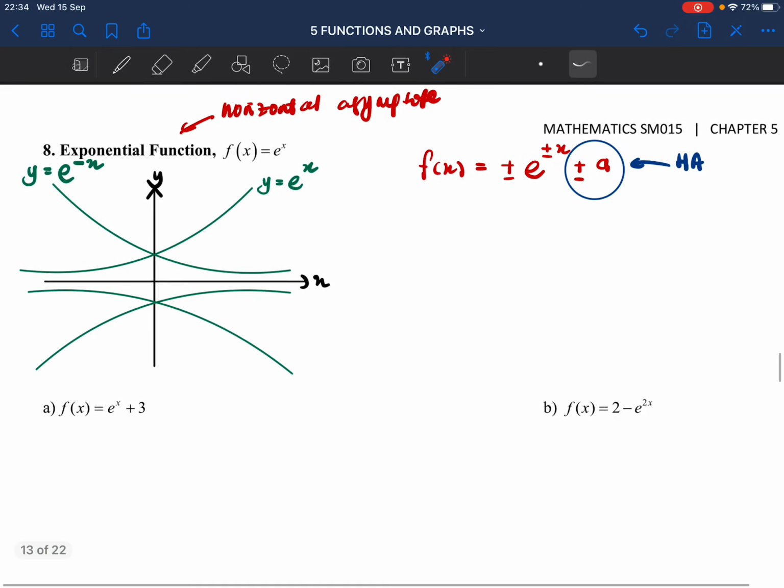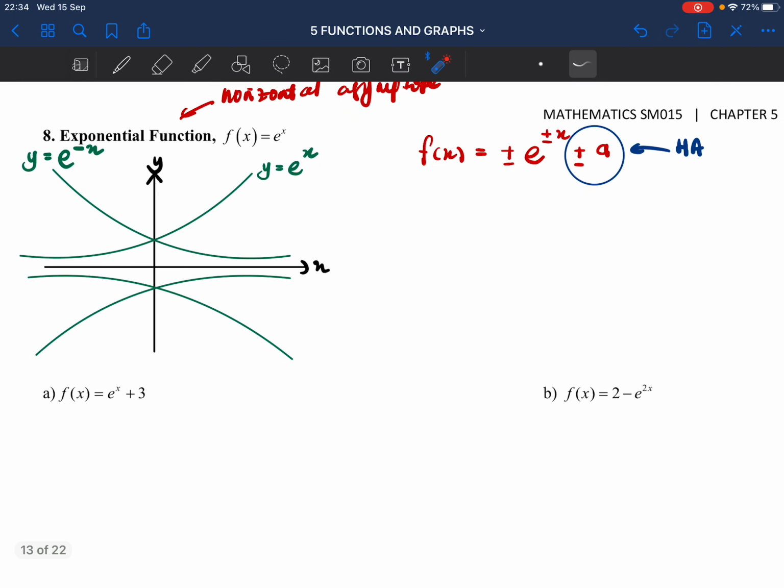Alright, how about from quadrant 3 here? From quadrant 3, okay, mendekati horizontal asymptote kita. So we know that quadrant 3 dekat sini y negative, x pun negative juga. So the function should be looking like this. Y equals to negative exponent, negative x.